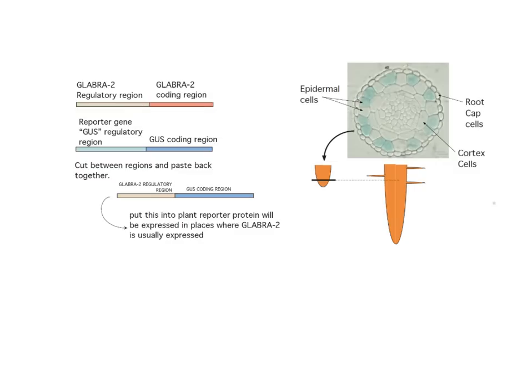Therefore, GLABRA's job must be to stop hair formation. Therefore, if you think about it, what this means is that the default condition for epidermal cells, if they don't get some genetic signal saying otherwise, their default condition is make a hair. When GLABRA is missing, they make hair. So GLABRA is the signal don't make a hair.